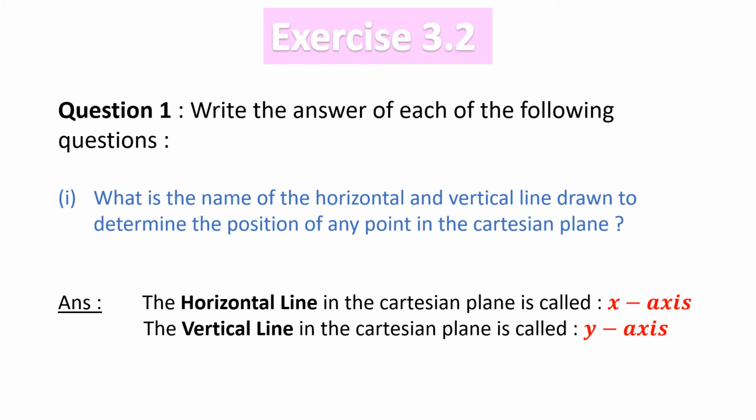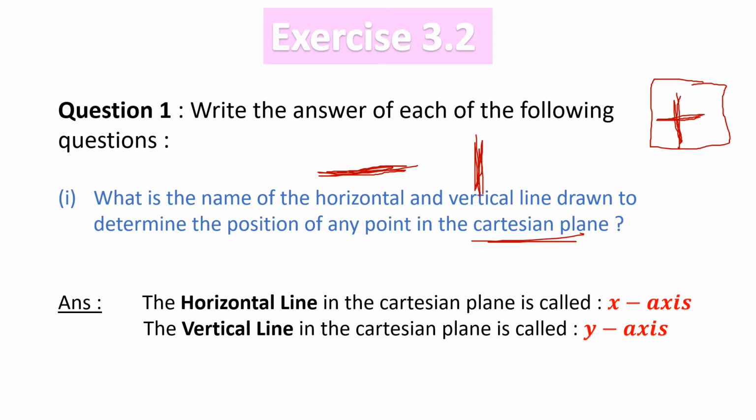So what is the question? What is the name of the horizontal line, this line, right? What is the name of the horizontal and the vertical line that we draw in a Cartesian plane? If this is a Cartesian plane, the two lines that we draw, what are they called? They are called the y-axis and the x-axis respectively. And why are they drawn in the Cartesian plane?